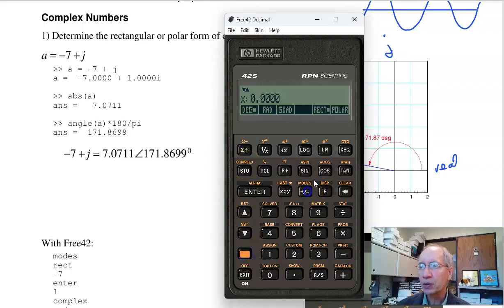So if I go modes, rectangular, I would have negative 7, enter 1, input the real part, complex part, then complex. There's your minus 7 plus j. Go to modes, polar, that's the polar representation, 7.07 at an angle of 171 degrees. And if you prefer radians, I can go modes, radians. I prefer degrees.